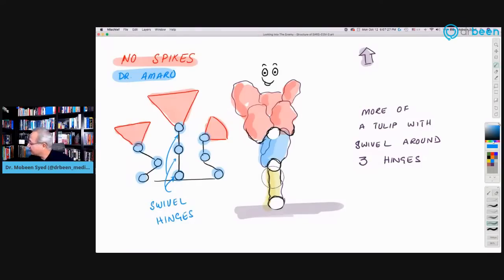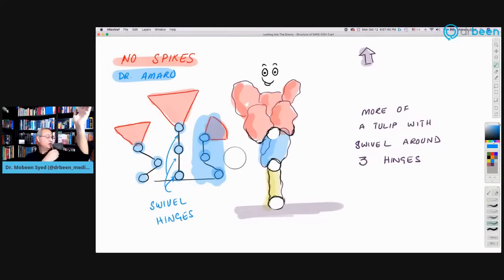And the other thing, if you see here, look at this one. The spike protein swivels, moves around 3 hinges. So imagine our arm, we have a shoulder and the elbow and then the wrist. So these are the 3 hinges.